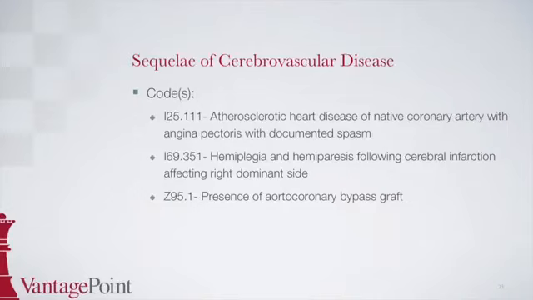Indented under native artery is the word with, followed by angina pectoris. Then indented below this is with documented spasm, which points to code I-25.111, which you would then confirm in the tabular list.